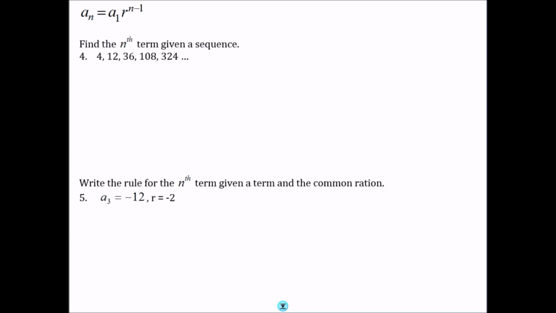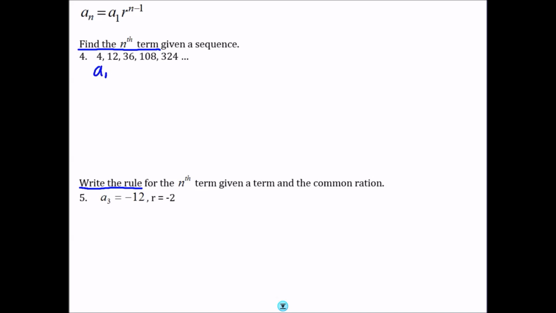So we are first asked to find the nth term of the given sequence. Find the nth term just means write the formula. It's the same thing when it says write the rule. We just want the formula. So the two pieces of information we need here are the first term and the ratio.